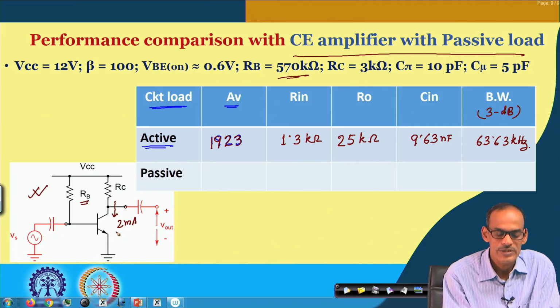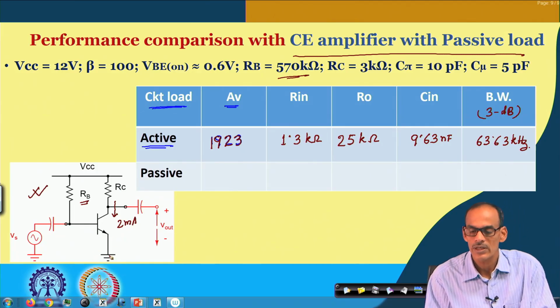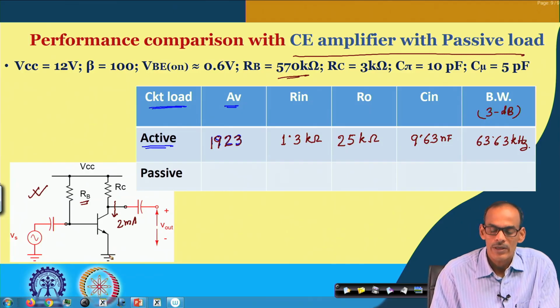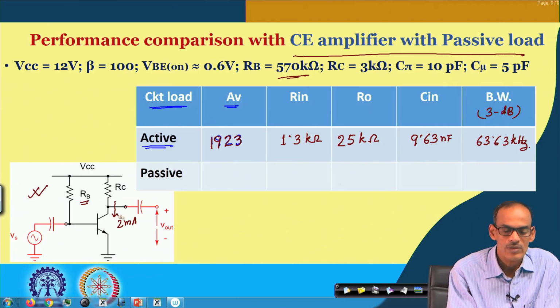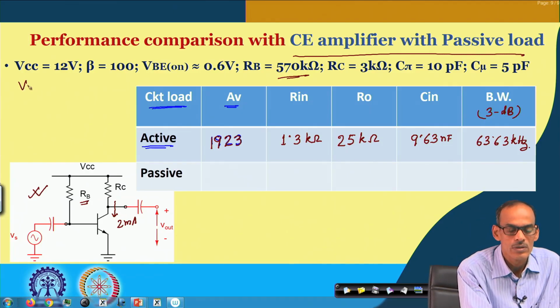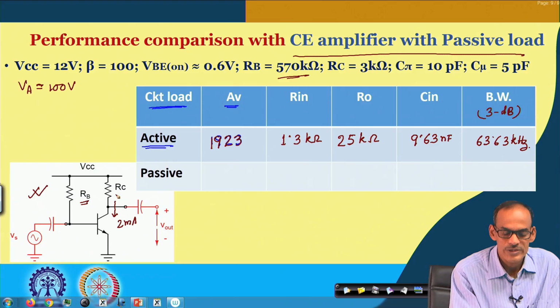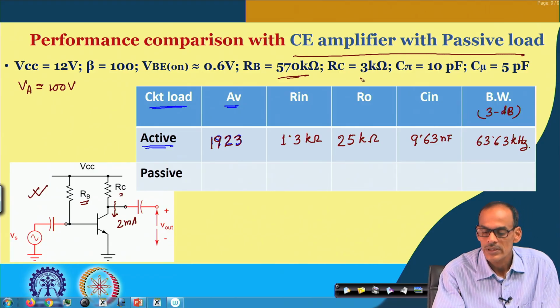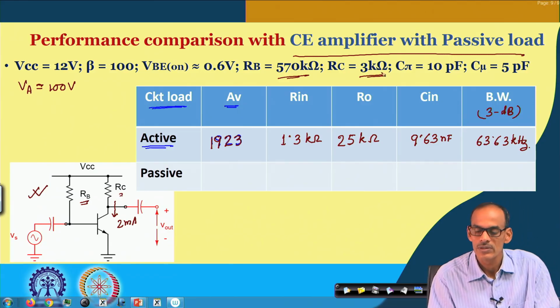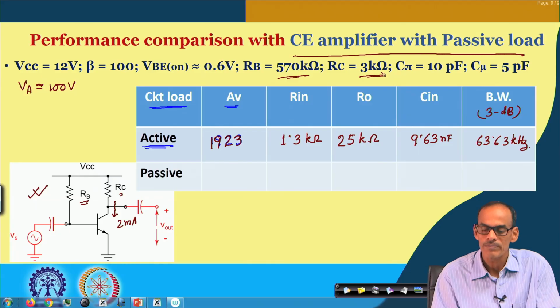So, the corresponding gm and r_o are essentially the same. The early voltage VA is not so important in this case, because the passive load is dominating, and the resistance of that passive load is given as 3 kilo ohm.